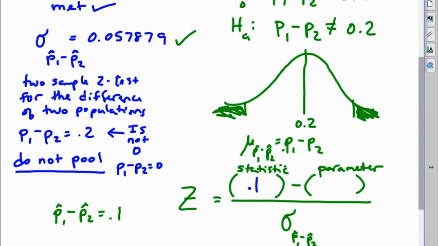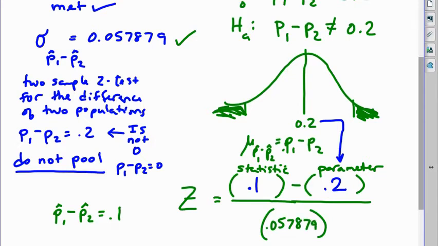And then we know what we think the truth is, and we are going to put that right there. Then we just found this value for the denominator. I'm going to erase that so I can write it in there. We think that number is 0.057879, and just to remind you, that was this right here.